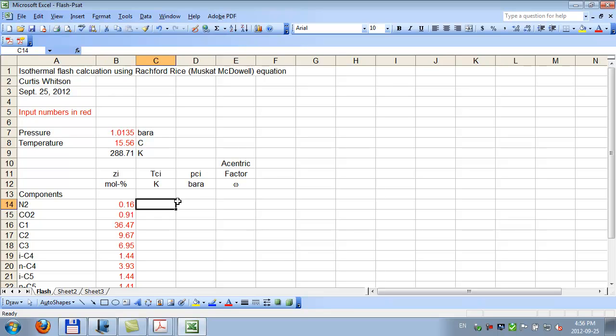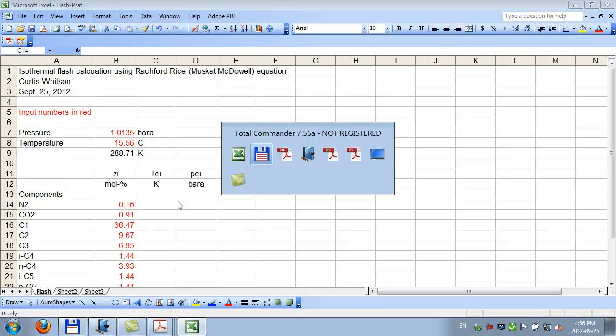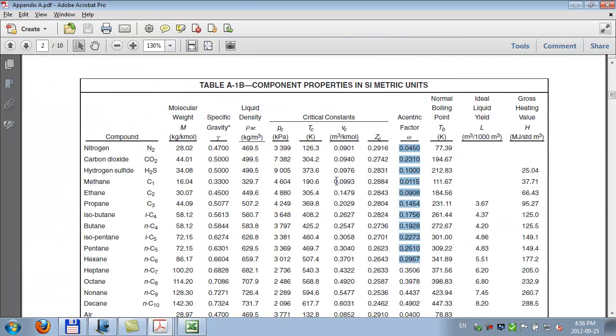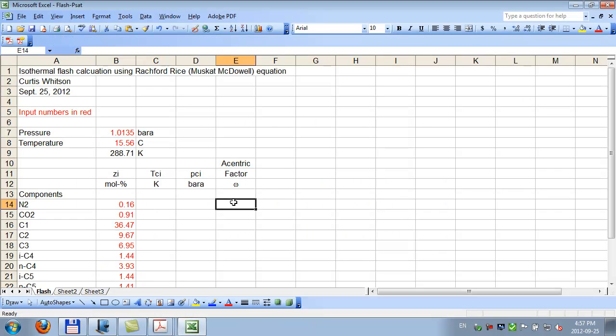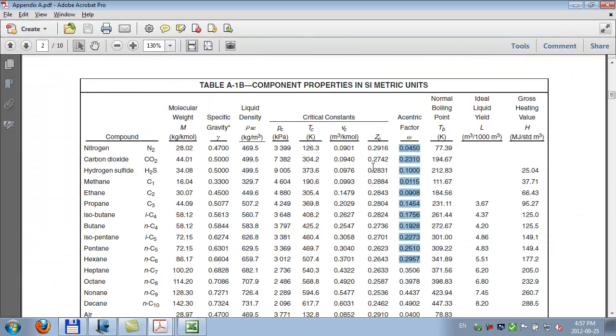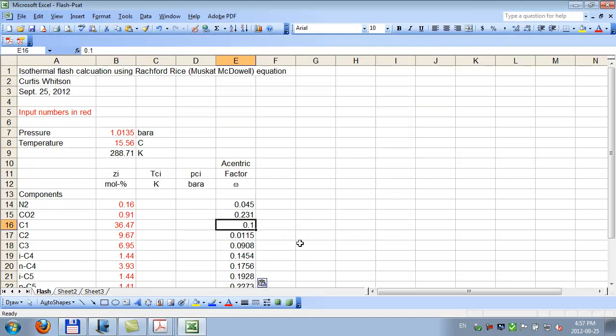Okay, so now I've got to go into Appendix A and pick those numbers up. It's got H2S hidden in there, but that's all right. So that third one, 0.1, is H2S. We don't need that.